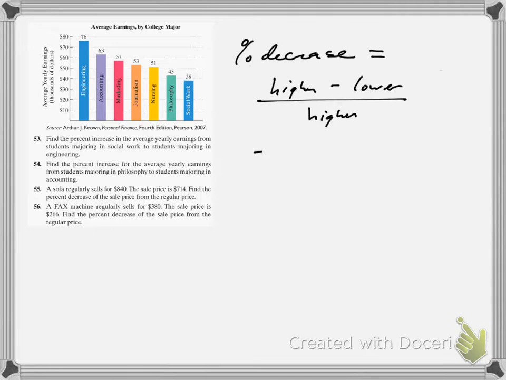So this is 380 minus 266 over 380. Okay, 380 minus 266 divided by 380.